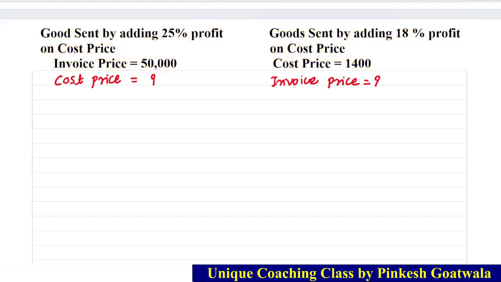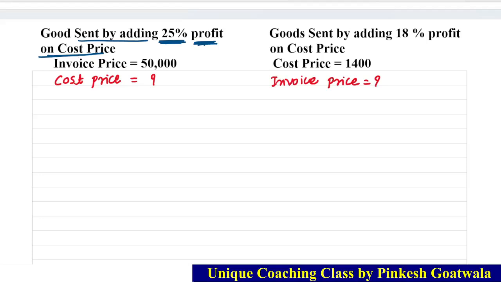So it is a very simple and easy point. In a question they give a clue about the profit. They give only one of invoice and cost, and you find the other, and the question gives the point about profit. So let's see. Goods sent by adding 25% profit on cost.